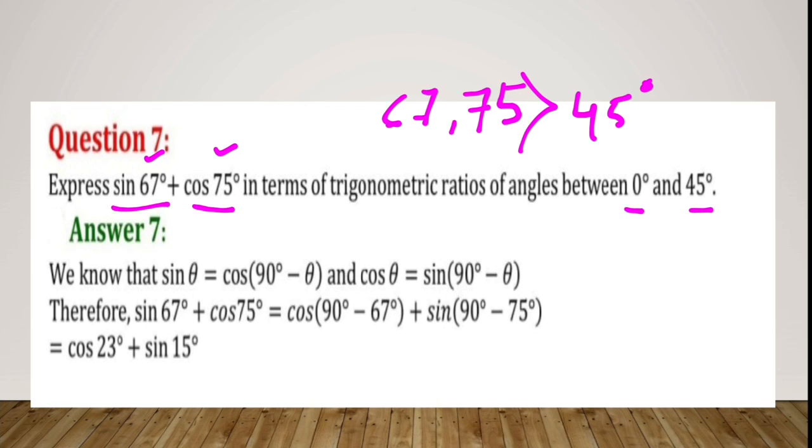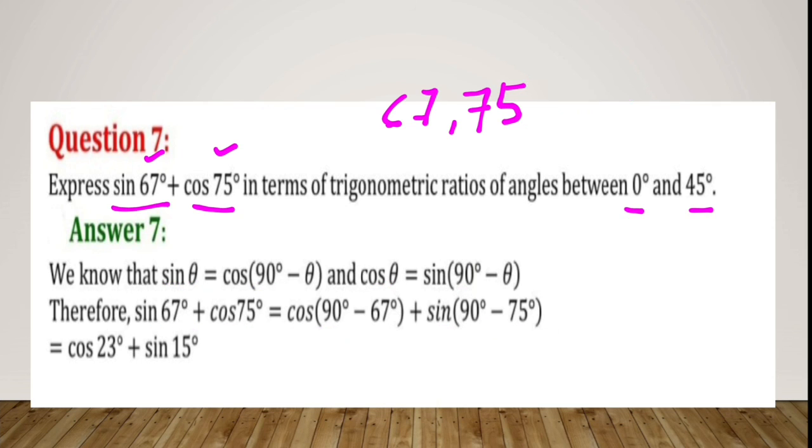So you have to transform this expression in this way that the angle will be between 0 and 45 degree. Okay, now sine is the complementary of cos and cos is the complementary of sine, right? So sin 67 degree can be written by this formula as cos(90 minus 67). Again cos 75 degree can be written by this formula as sin(90 minus 75 degree), right?